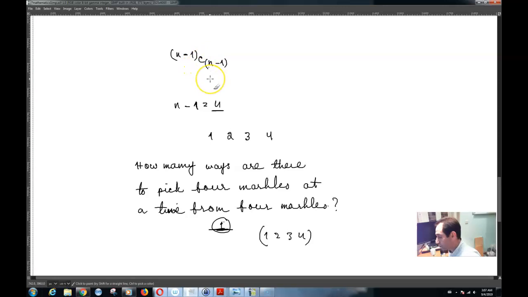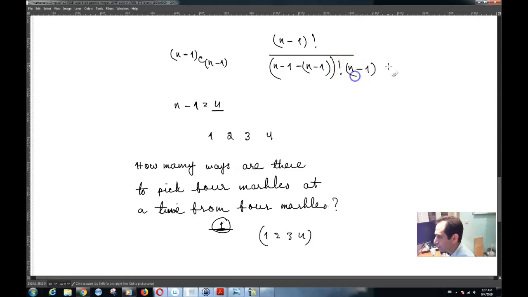And of course, if you want to calculate this, it would be n minus 1 factorial over n minus 1 minus n minus 1 whole factorial times n minus 1 factorial, which is equal to n minus 1 factorial over, now over here you have n minus 1 minus n plus 1.